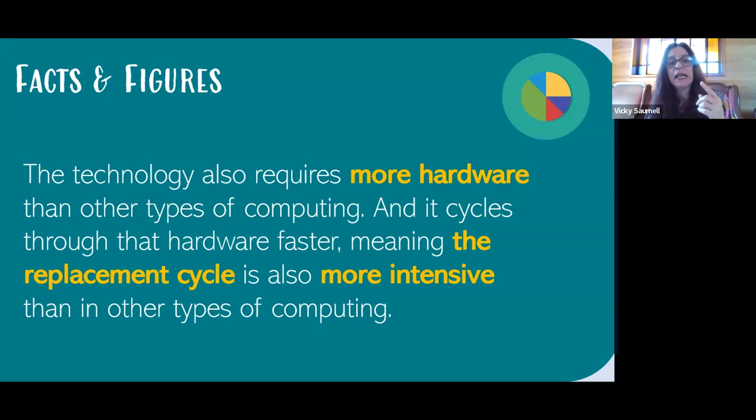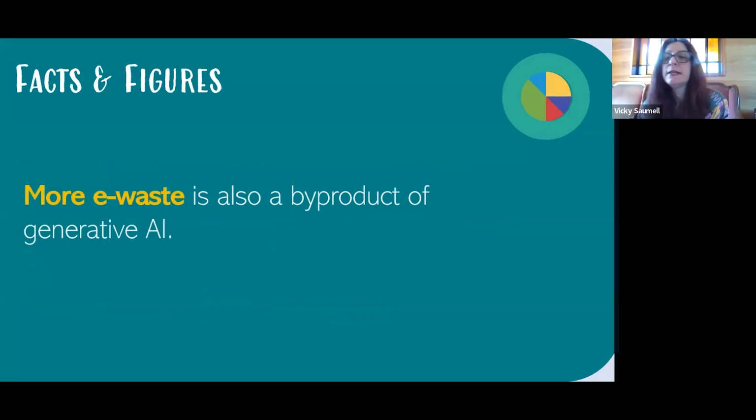And that means that it cycles through the hardware faster, and so the replacement cycle is more intensive than other types of computing. And therefore, there is more e-waste as a byproduct of generative AI. And I think this is something that we haven't been looking at closely enough. So that's another thing to look at.